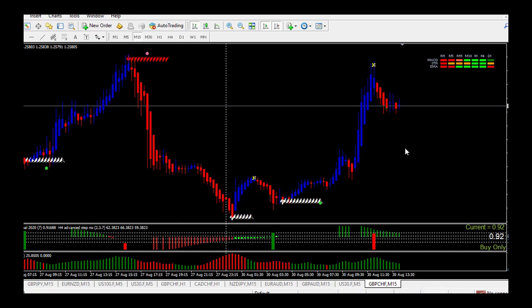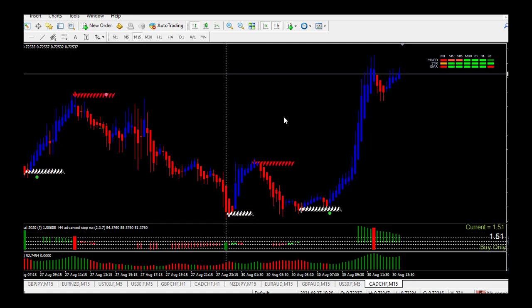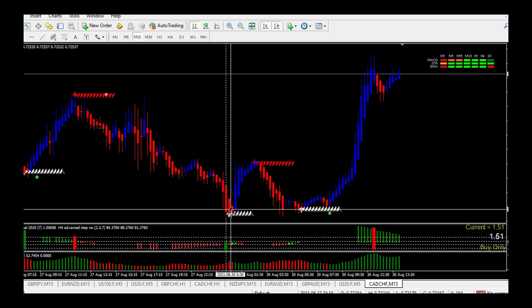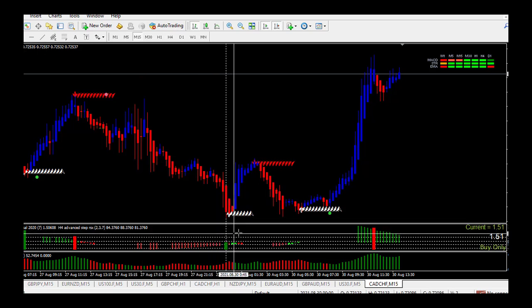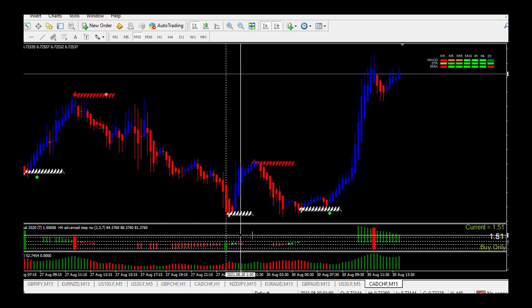So still waiting for more confirmation, and here is a good one for a buy. This was the first where we see the signal at this point. This big histogram gave us a buy signal, but the other indicator actually confirmed at this point.